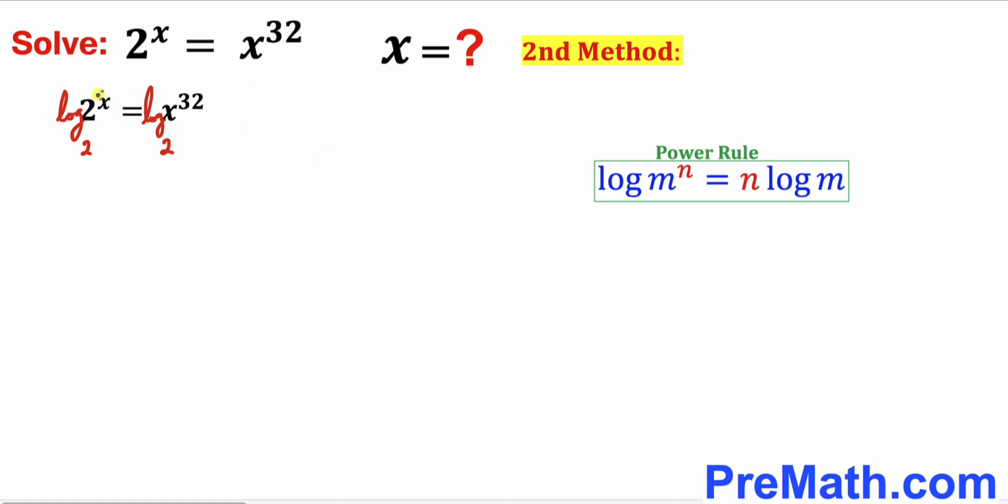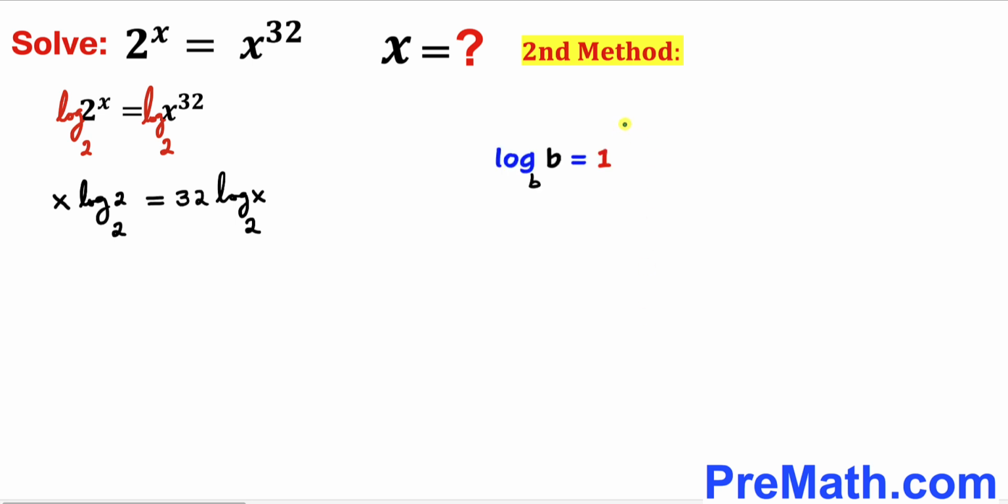So therefore this exponent x, I'm going to move it all the way to the front, and likewise this exponent 32 is going to move in the front as well. So therefore we can write this one as x times log of 2 with the base 2 is going to be equal to 32 times log of x with the base 2.